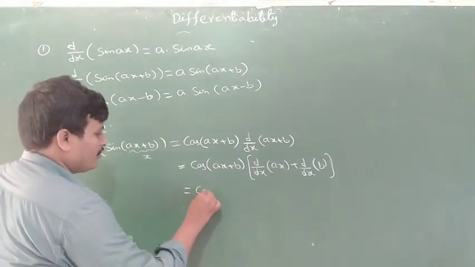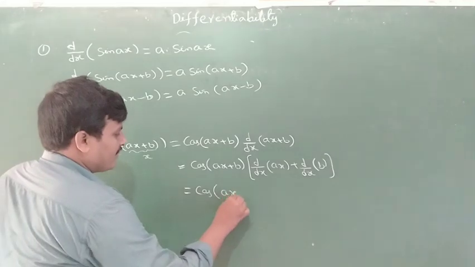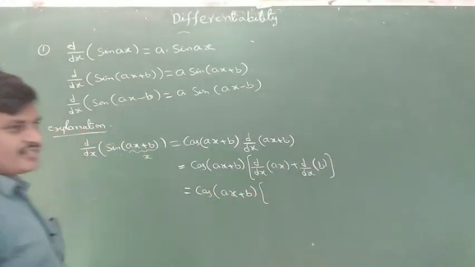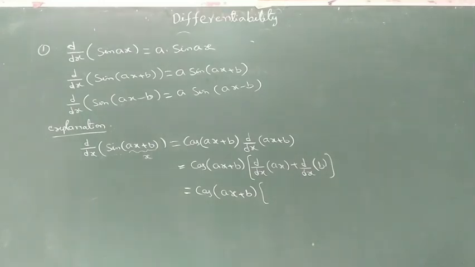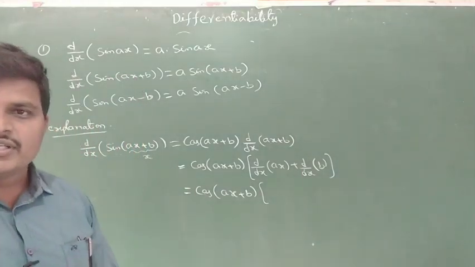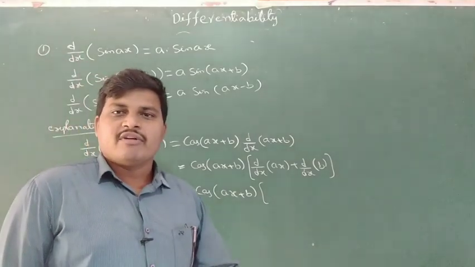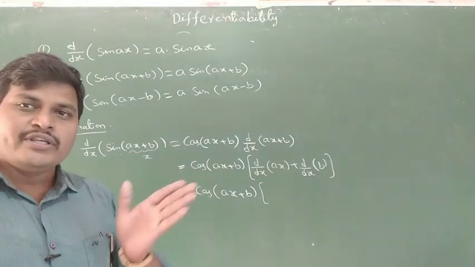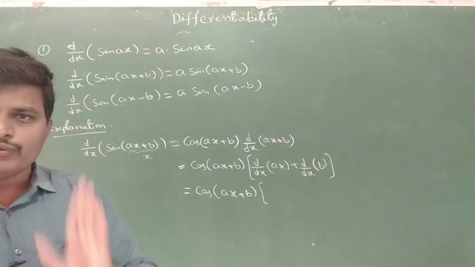So that is equal to cos of ax plus b, into derivative of a into x. Second formula: derivative of constant into u is equal to constant into derivative of u.